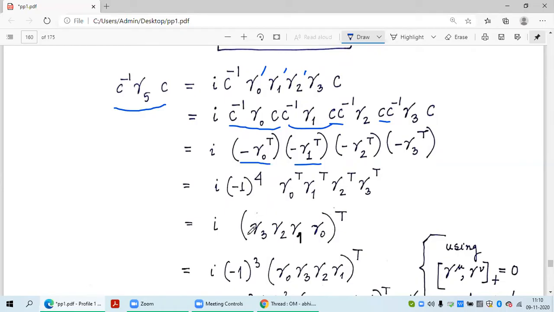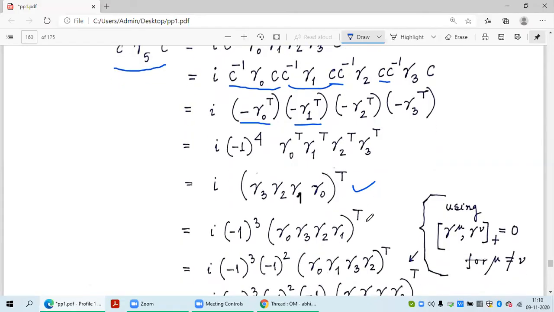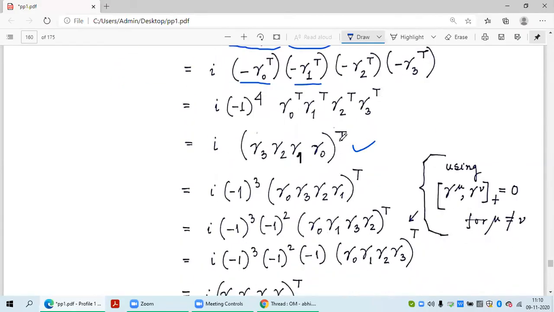If you make this whole transpose, then the matrices should be taken in the reverse order, because (AB) transpose is B transpose A transpose. Now, inside this transposition, you want to have gamma 5. Therefore it should be like gamma 0 gamma 1 gamma 2 gamma 3.